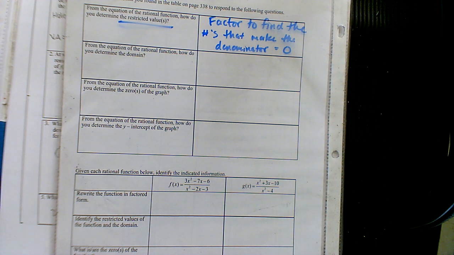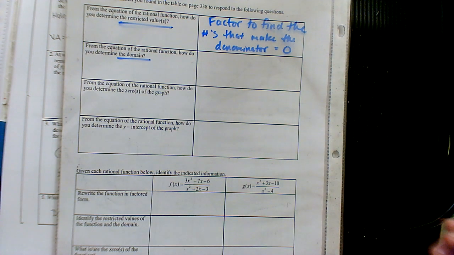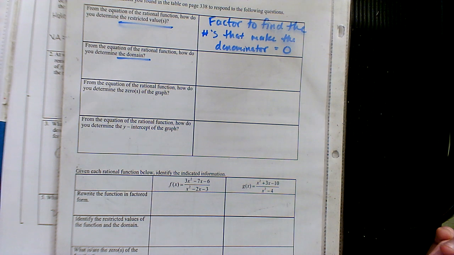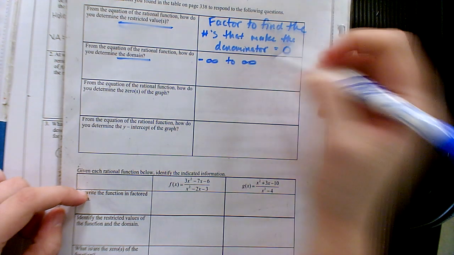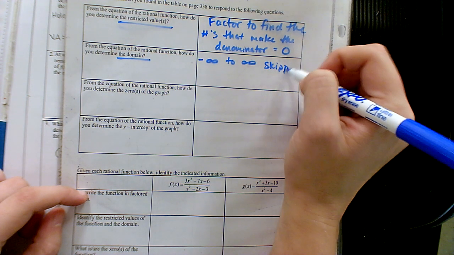All right, so you just helped out your friend. Someone else comes up to you, says, dude, how do you determine the domain? Help a brother out. You give a shot, Lainey? There you go.